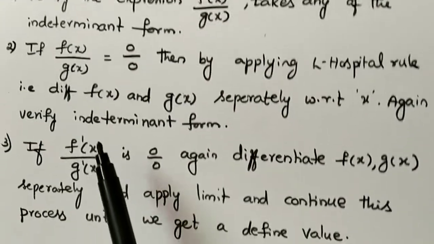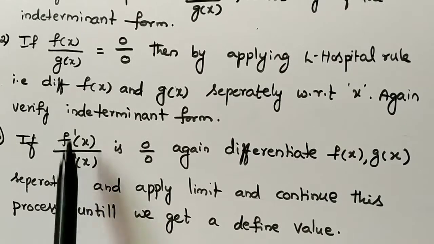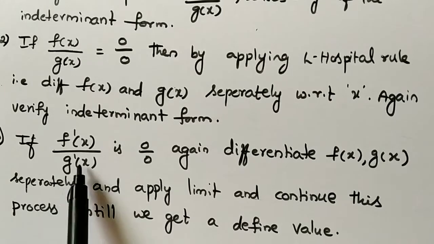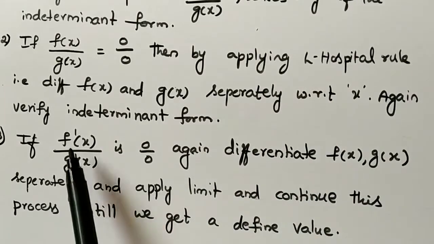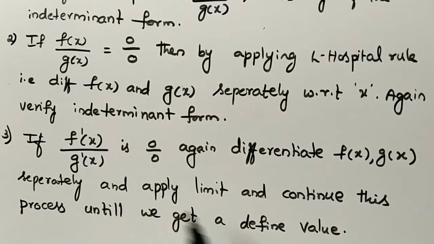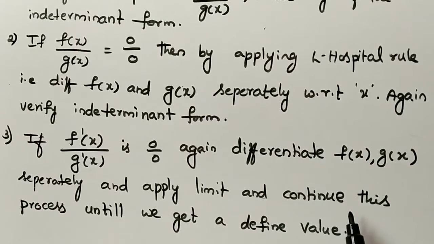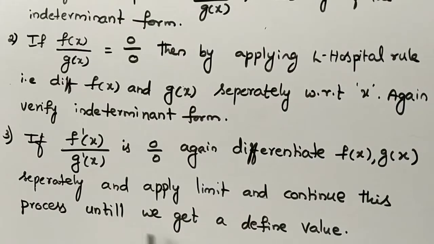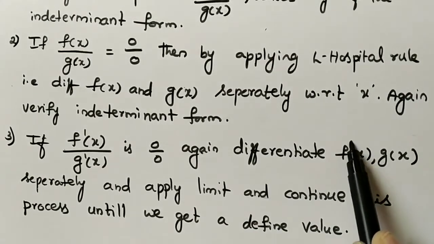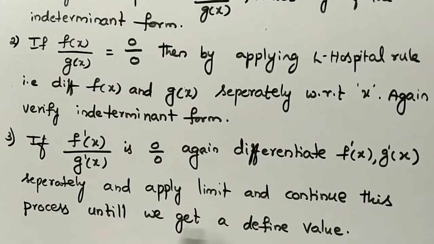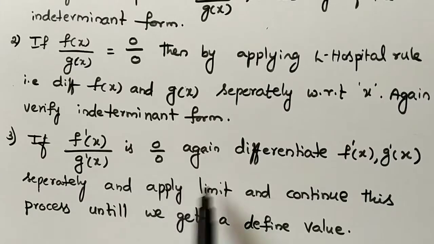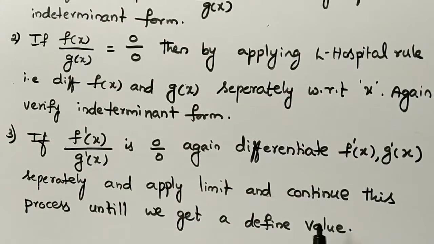Suppose after differentiation, f dash of x by g dash of x is again 0 by 0, then differentiate f dash of x and g dash of x separately again, apply the limit, and continue this process until we get a definite value, like 1, 2, 3, some value, rather than 0 by 0 or infinity by infinity. Now we will see one example.